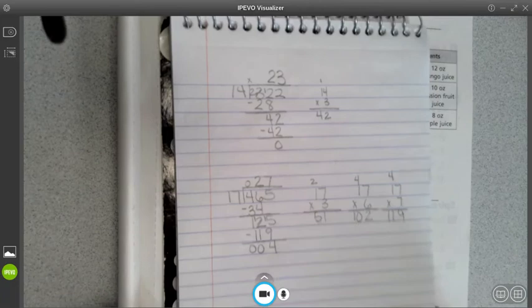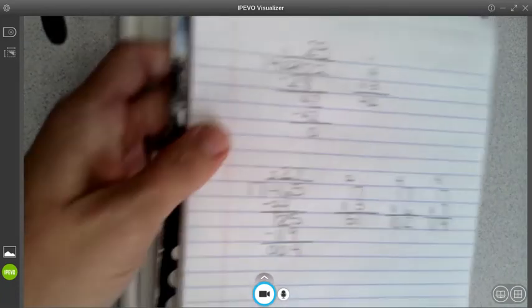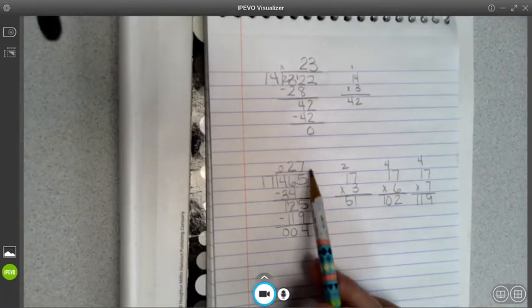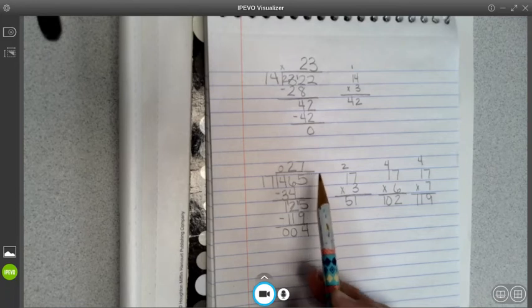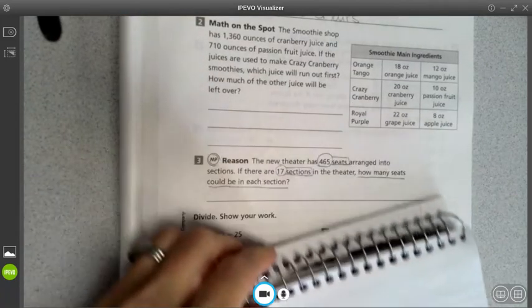So the question, if I look back, says, how many seats could be in each section? So is it reasonable to say there could be 27 seats in each section and 4 seats left over? How many seats in each section?